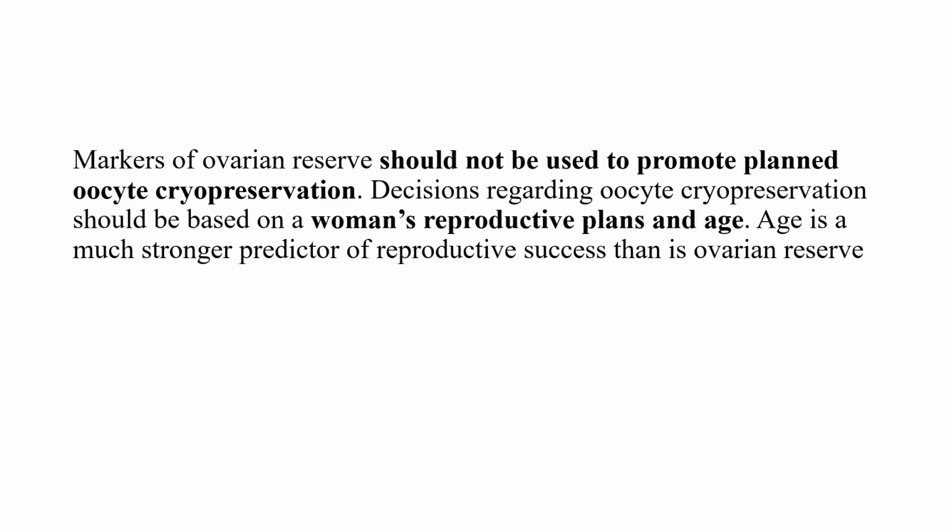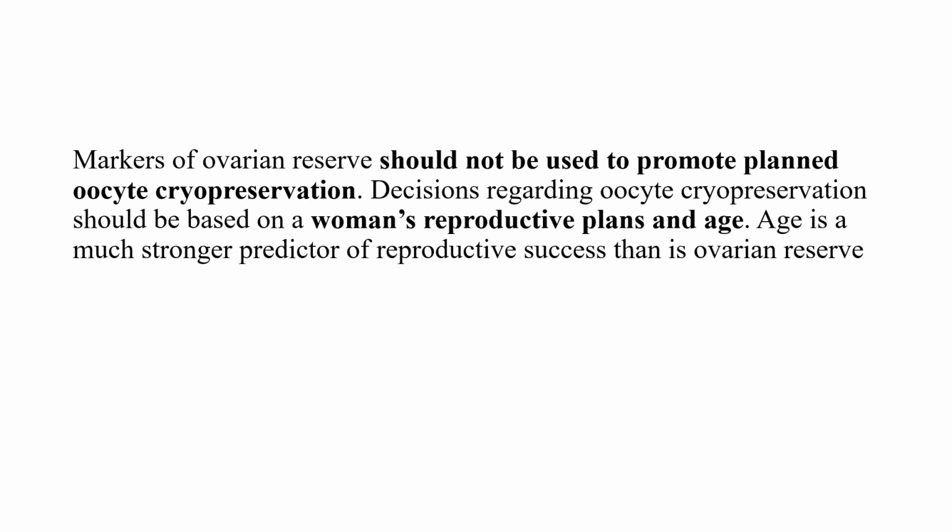The summary of today's discussion is that ovarian reserve markers should not be used to promote planned oocyte cryopreservation. The decision for oocyte cryopreservation should be based on the woman's reproductive plan, and age is a stronger predictor of reproductive success than any ovarian reserve test.